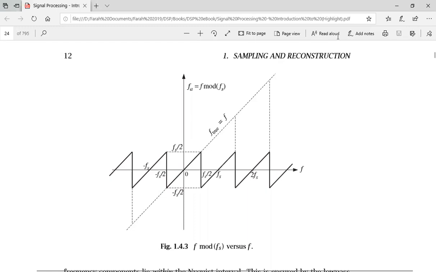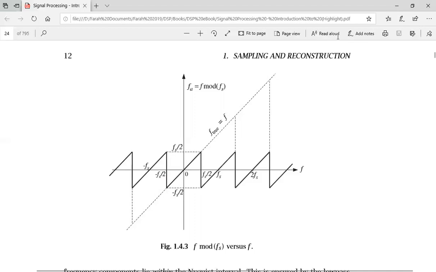Okay, so the signal f that is being sampled has the same frequency after being reconstructed, and it happens when your signal frequency is within the Nyquist interval, that is from 0 to fs by 2.